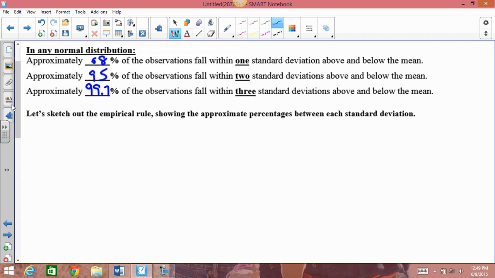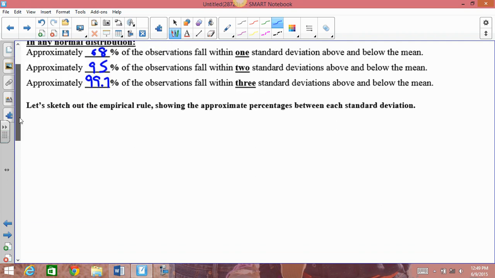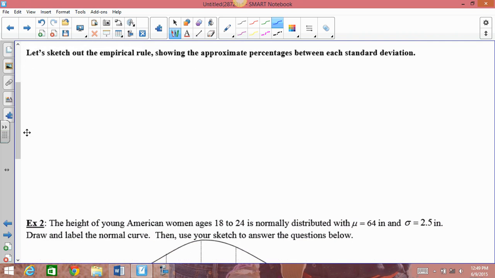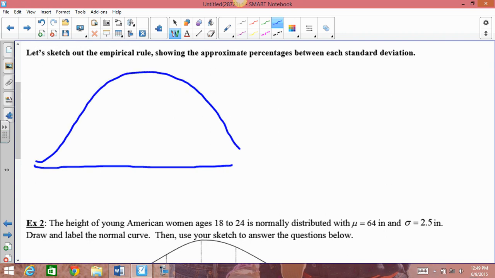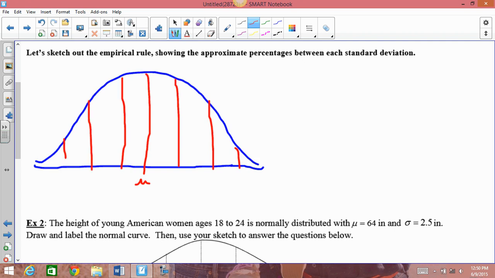Now let's take a moment and let's figure out the percentages that go in each of those rectangles. So I'm going to take a moment and draw out a normal curve. As I said before, put the mean right here in the center. 1, 2, and 3 standard deviations above and below. And I'm just going to label that as 1 standard deviation, 2 standard deviations, and 3 standard deviations.